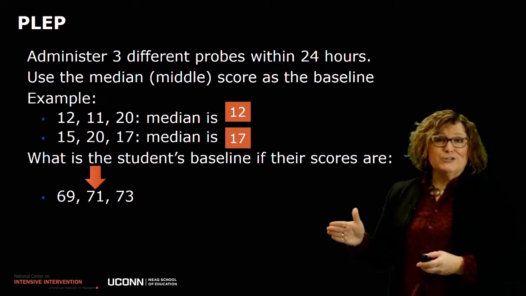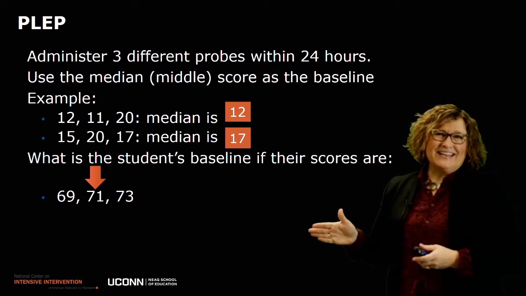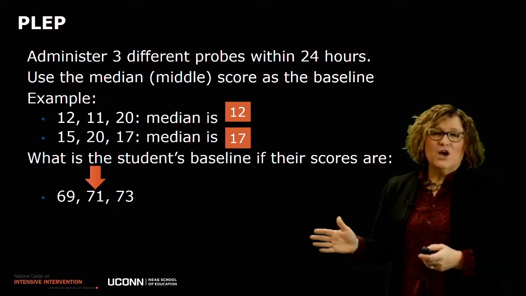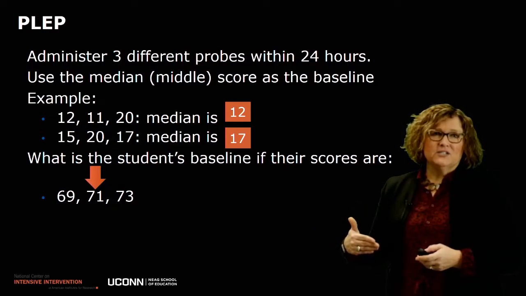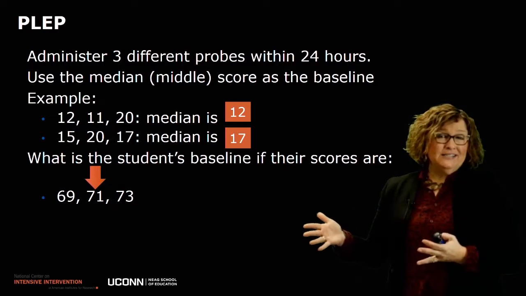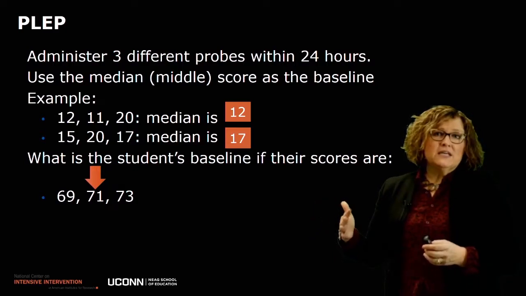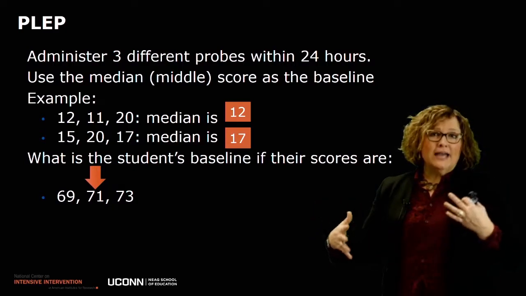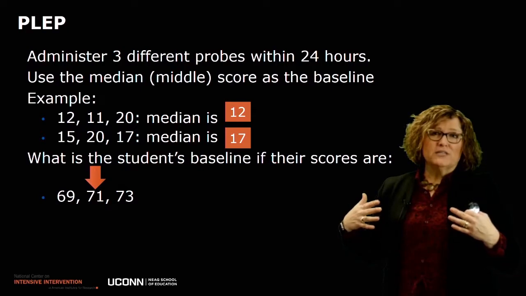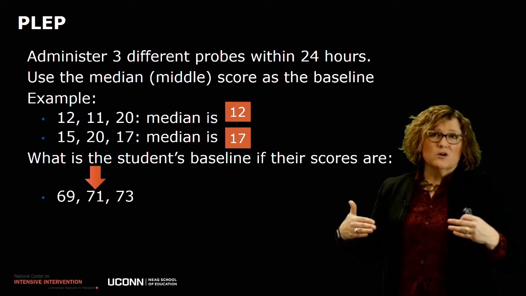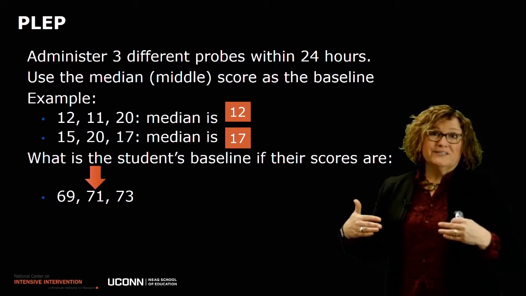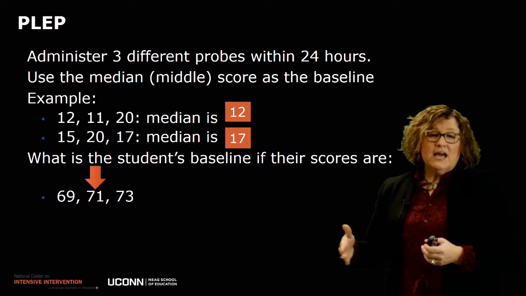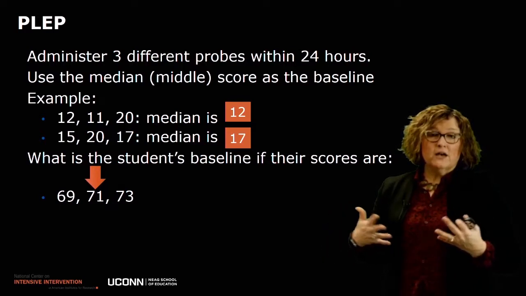Just remember, don't get caught and take the average of these. We actually take the median score. Why do we take the median instead of the average? The median is less influenced by highs and lows, and we want to really sort of stabilize these scores. A student might have scored 10 or something initially and then goes on to score 20 on the 3rd probe.